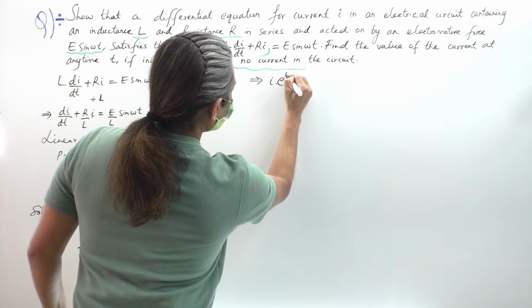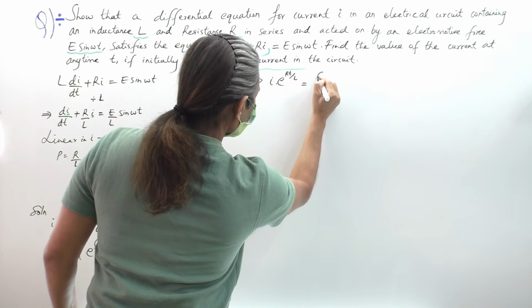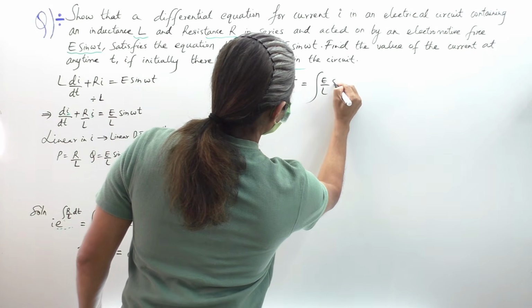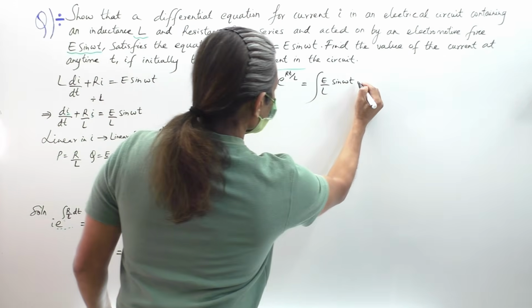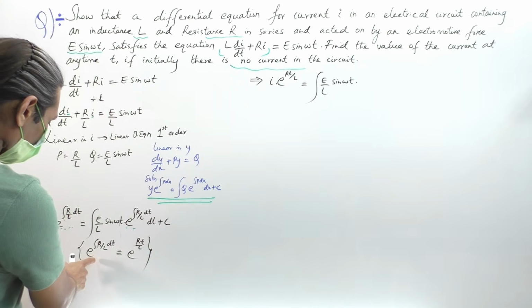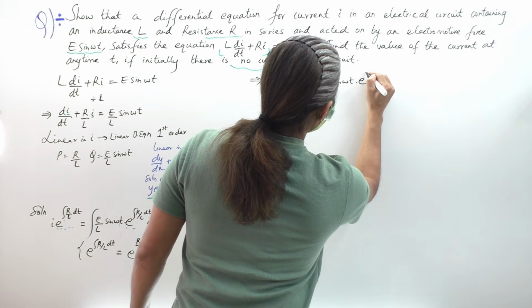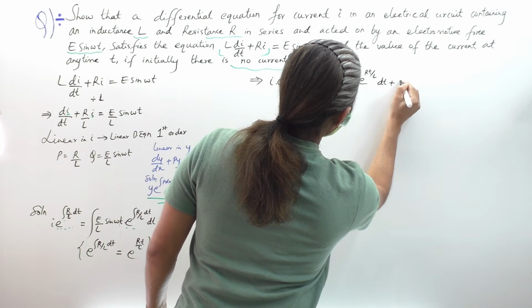e raised to rt by L is equal to the integration of E by L sine omega t into, what did you find for e raised to the integration of r by L dt? It is e raised to rt by L into e raised to rt by L dt plus c.